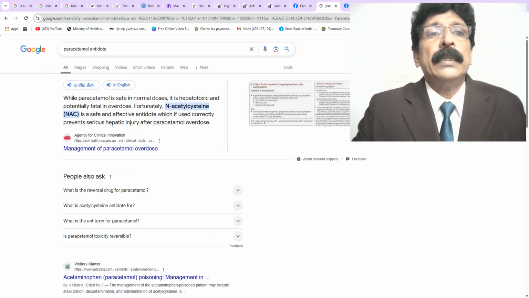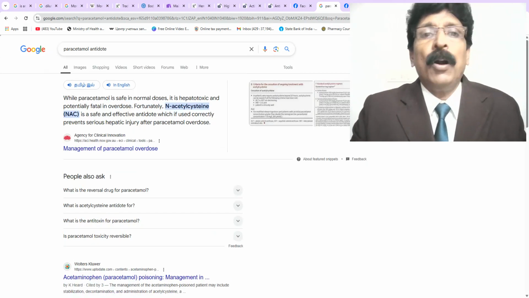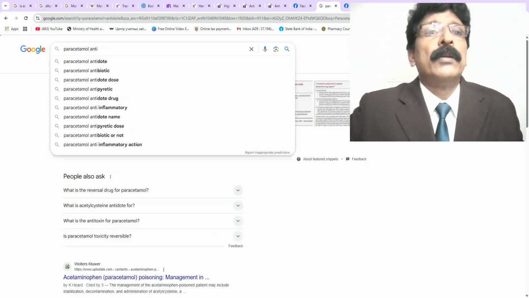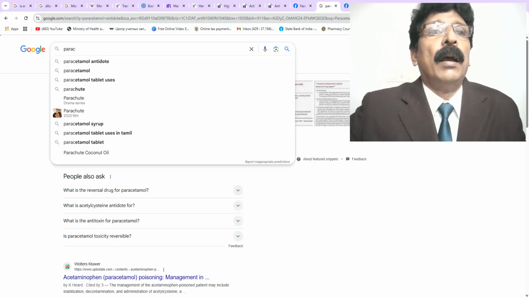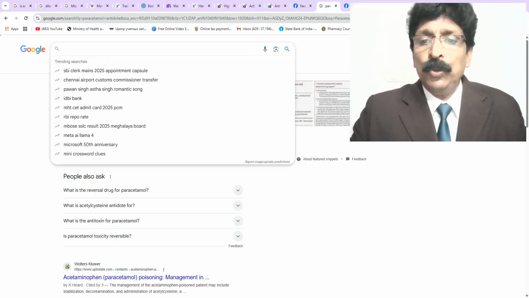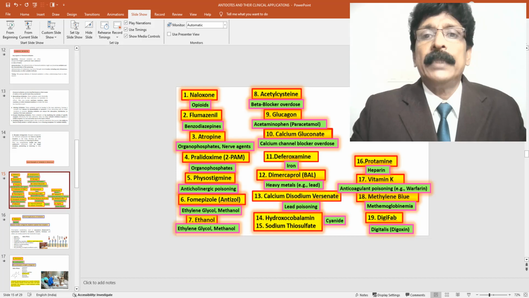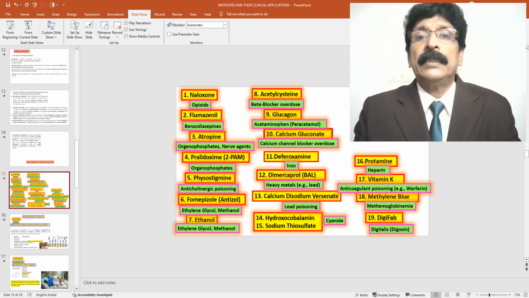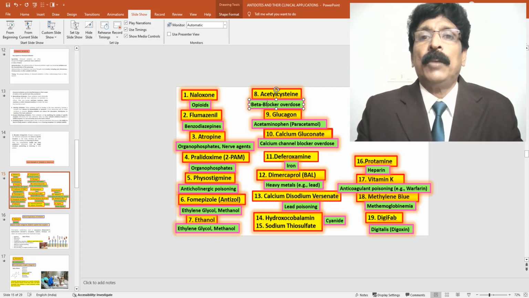Yes, it is for paracetamol, and we have to make it in such a way. You should not make acetylcysteine, it should be for paracetamol.